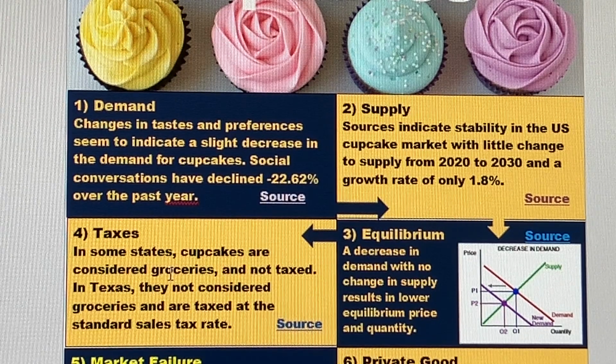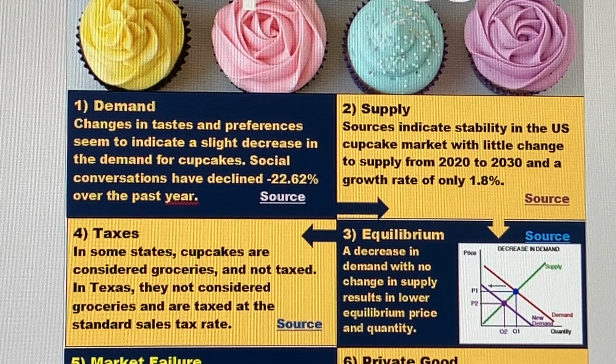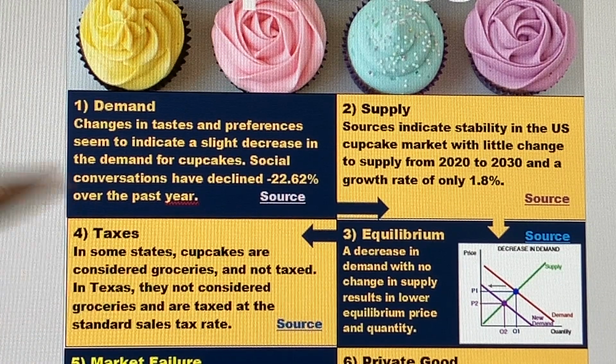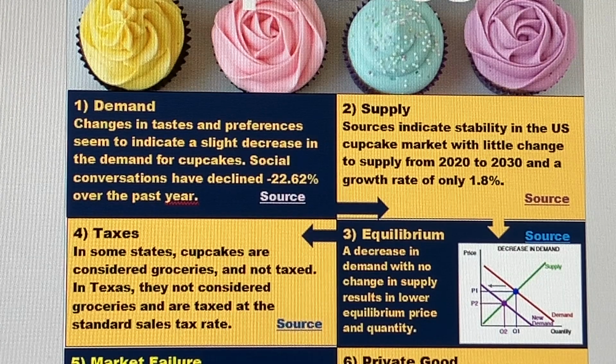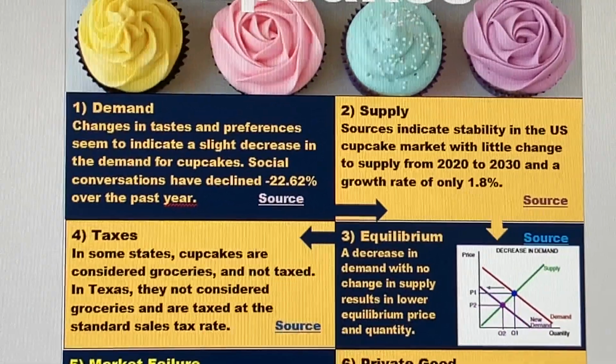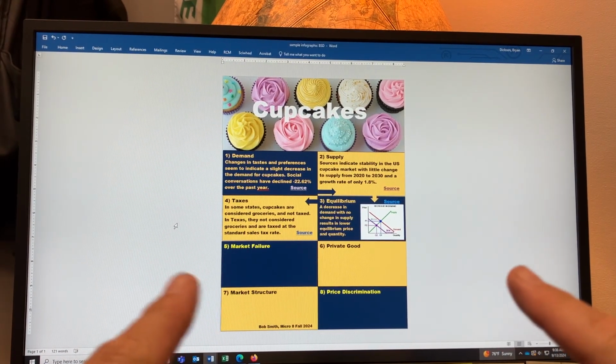In this case, what I talked about is that you might think of cupcakes as a food item, or a grocery, and in some states they are considered a grocery and they are not taxed. In Texas, though, they're not considered a grocery and they are taxed. So you do pay taxes on food. Okay, that's what's due.